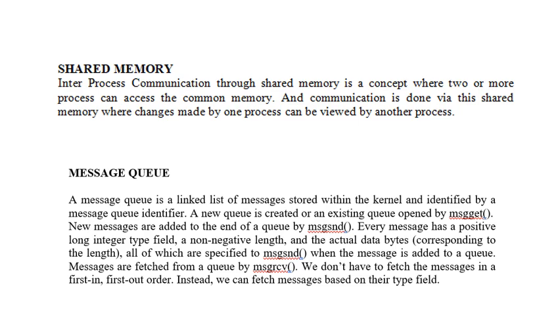When a message is added to a queue, messages are fetched from the queue by msgrcv. With the help of this function, the messages are fetched from the queue. You don't have to fetch the messages in first in, first out order. Instead, we can fetch the messages based on their type field.